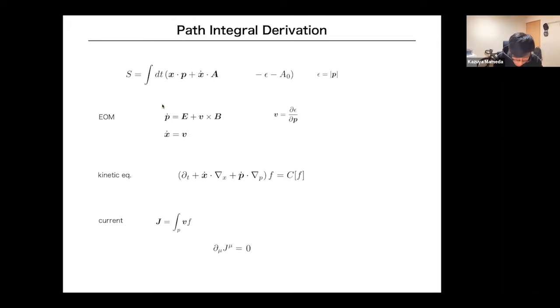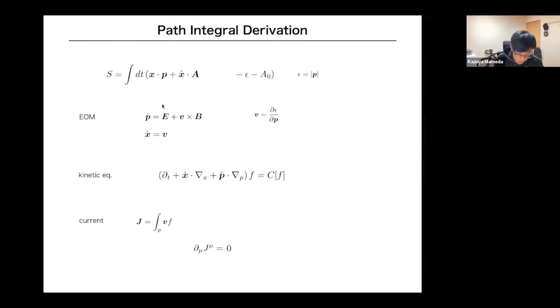The current is defined by this form: the velocity times the distribution function f, and the integral of this product. This is the current. Of course, because this is the classical theory, the conservation law should hold like this: the divergence of J should vanish. So this is a classical kinetic theory.